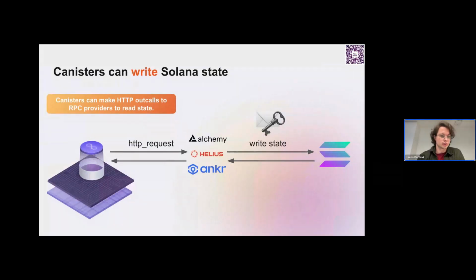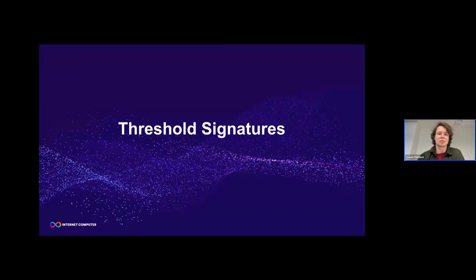And this is just done with different JSON-RPC methods. So there is the send transaction method that allows posting a transaction to the Solana blockchain. The difference being that for a transaction to be valid, it needs to be signed. And this leads us to the next building block that we need for the Solana integration, which are threshold signatures.